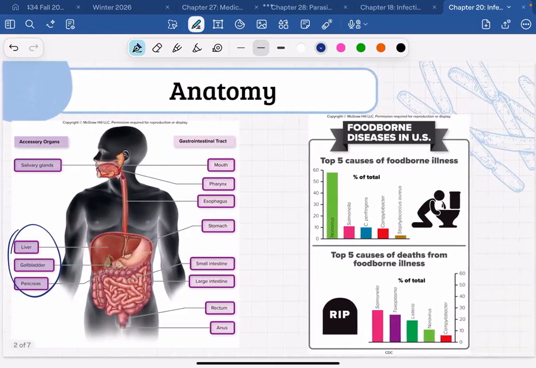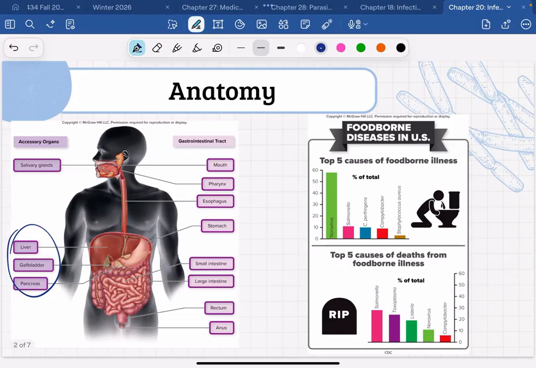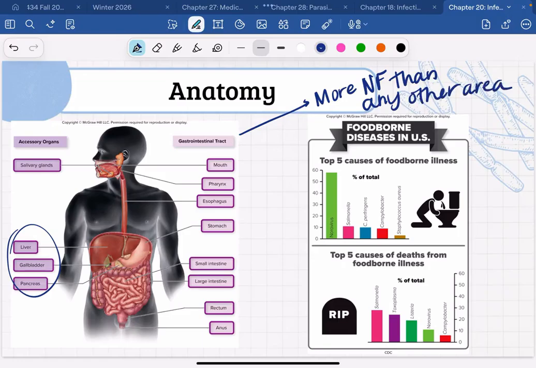And the GI system, particularly your large and your small intestine, has more normal flora than any other area of your body. Your entire GI tract, specifically your large intestine and your small intestine, are just chock full of bacteria.